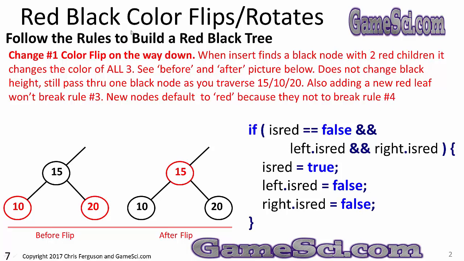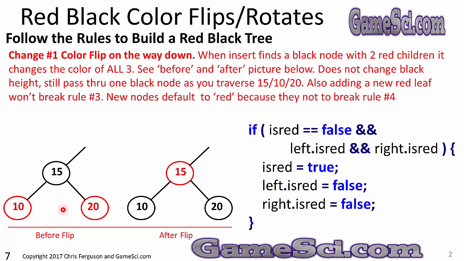There is a critical assumption that is made. On a red-black insert, the new node is always red. So one of the things the color flip does is it prepares for inserting a red node. Let's look at the before picture. Notice how I have a parent that is black with 2 red children. When the insert sees a parent that is black with 2 red children, it's going to flip the colors of all 3.